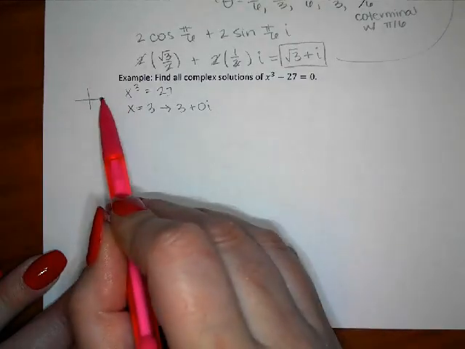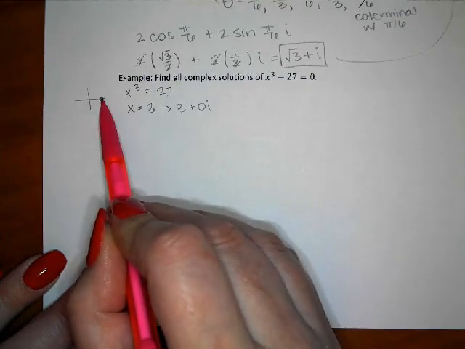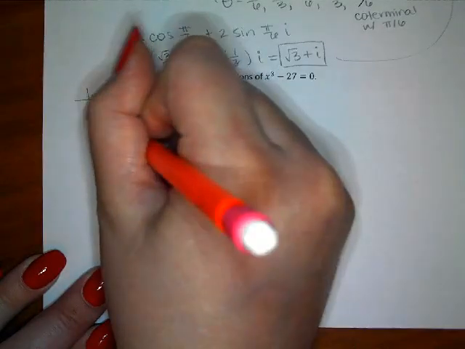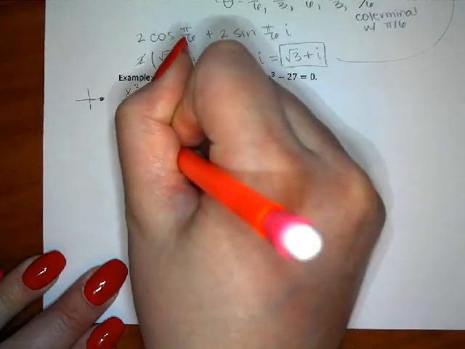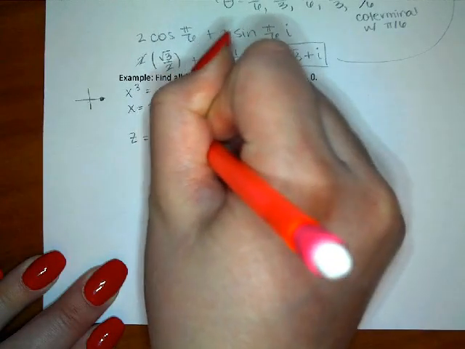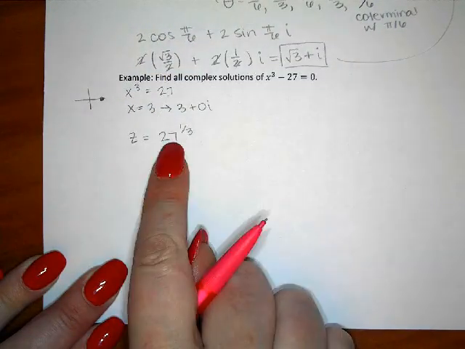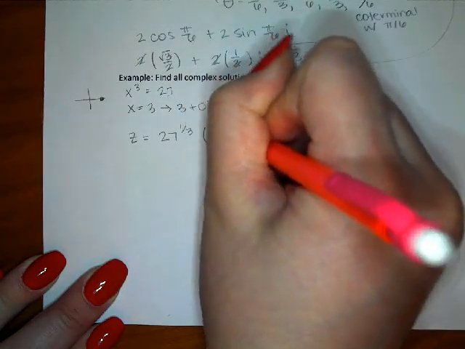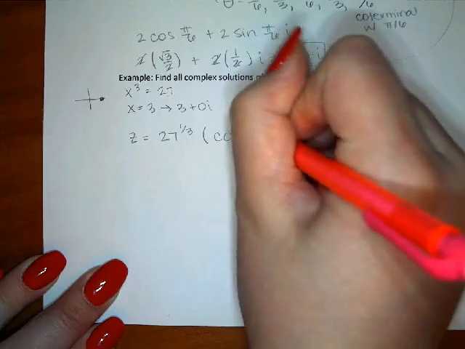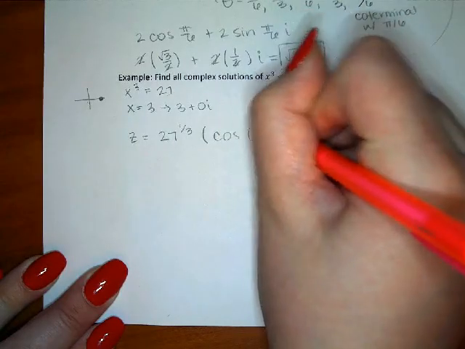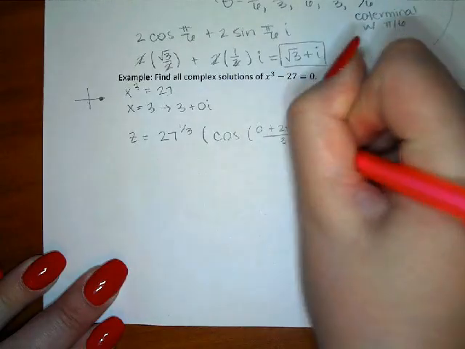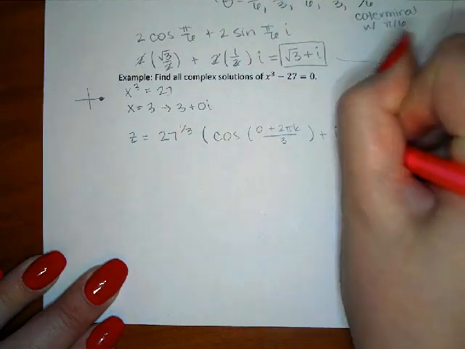So I'm going to write that my complex number is 27 to the 1/3, because that's how I found this 3. I took the third root of 27, and I'm going to write cos of (0 plus 2 pi k) over 3 plus i sine of (0 plus 2 pi k) over 3.